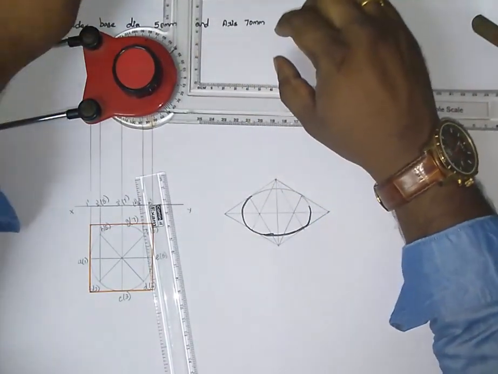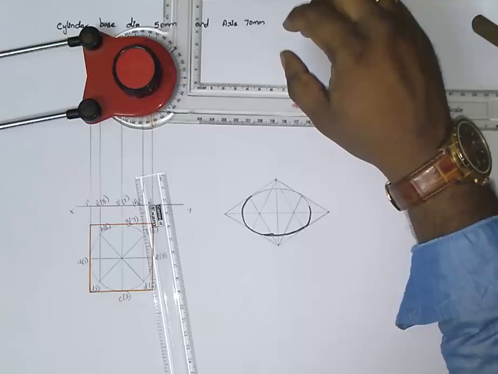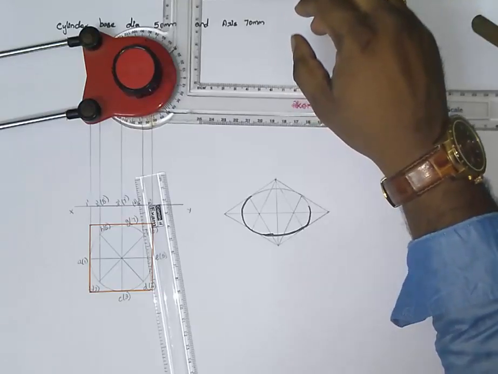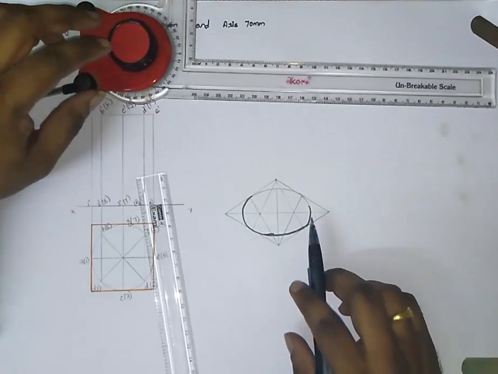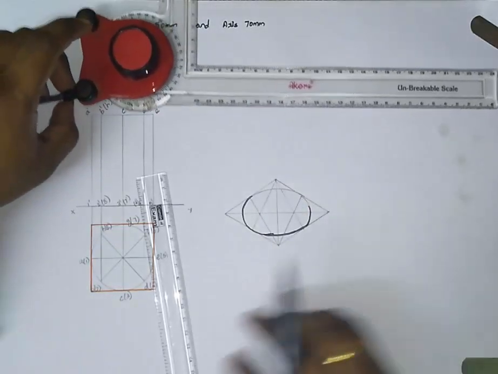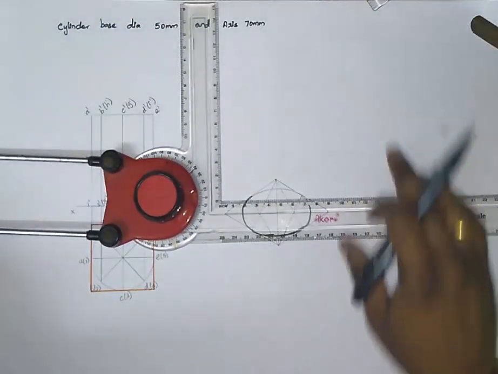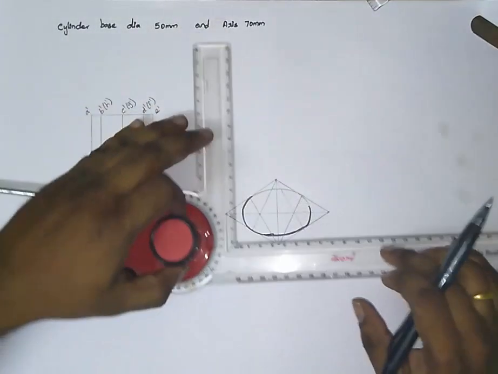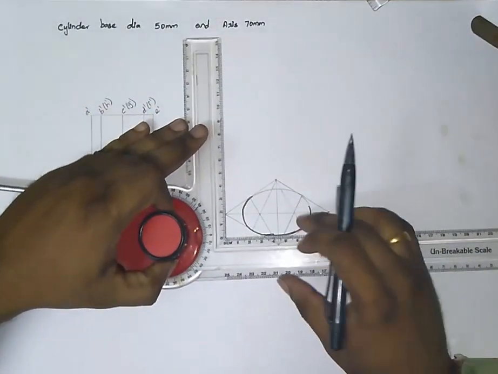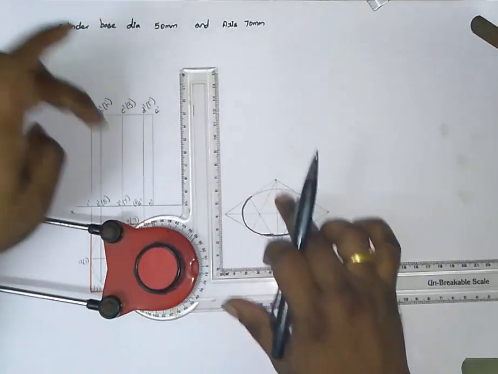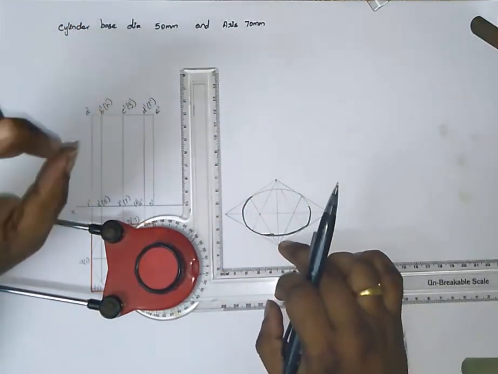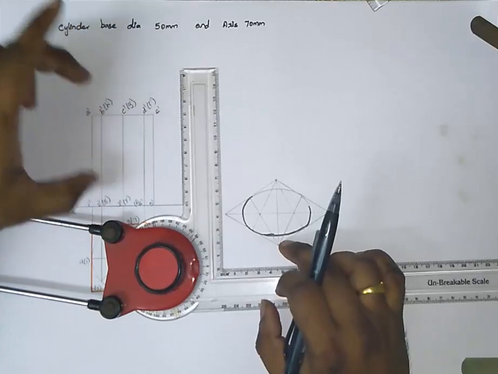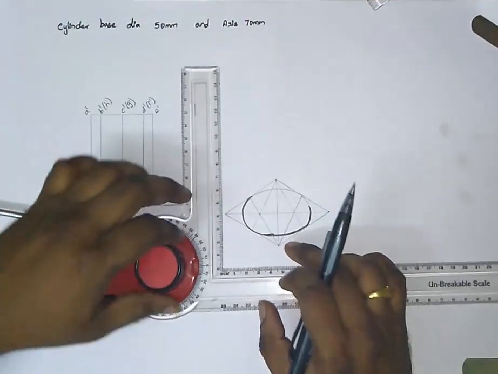Now, you have to draw the ellipse which will be at the top edge. For that, first you have to transfer this square to the top. This square to this square will be your axis height, that is 70 mm.